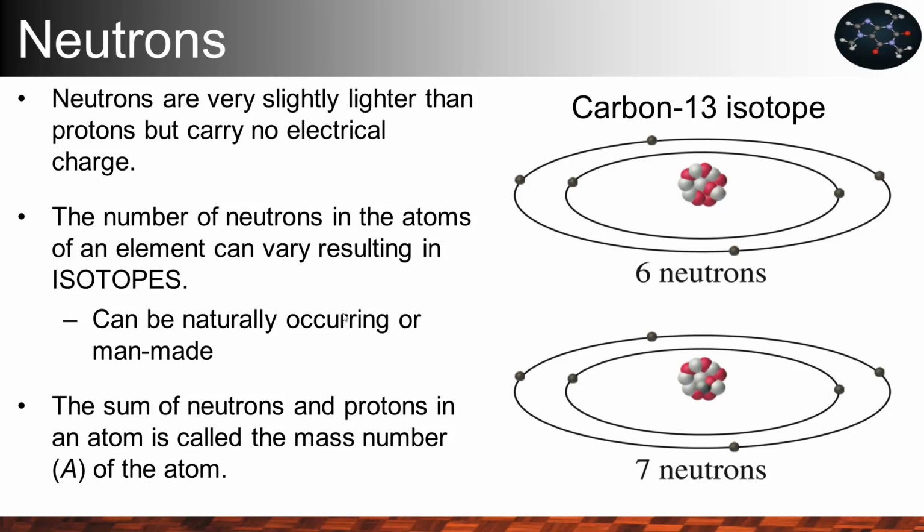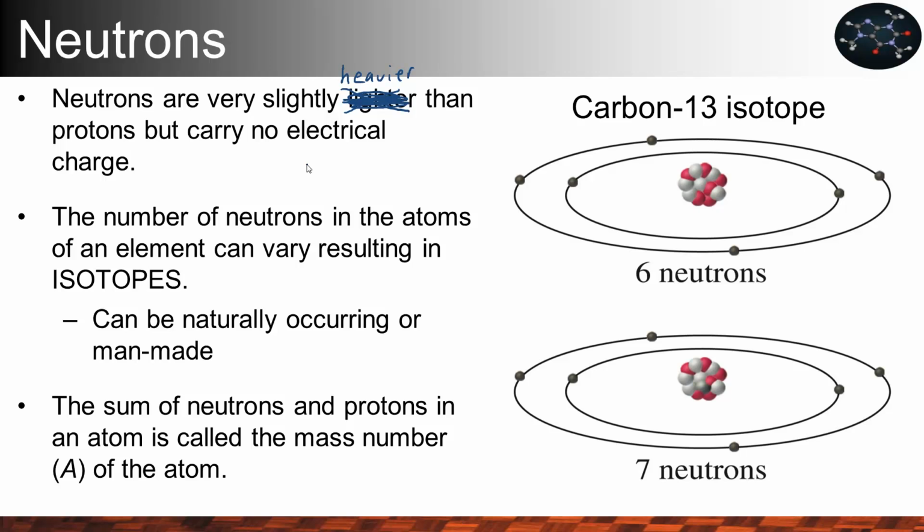Alright, neutrons. It says here that they're very slightly lighter. This is something your book just gets wrong. I wrote that up there when I was reading through the book, and I looked at that and I went, you know what? That is just not true. Let me make this point: neutrons are slightly heavier than protons, but they carry no electrical charge.